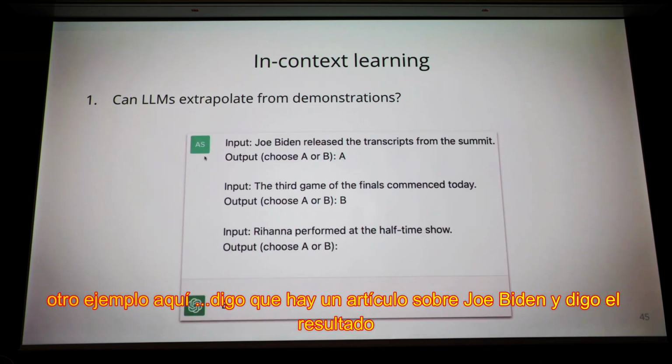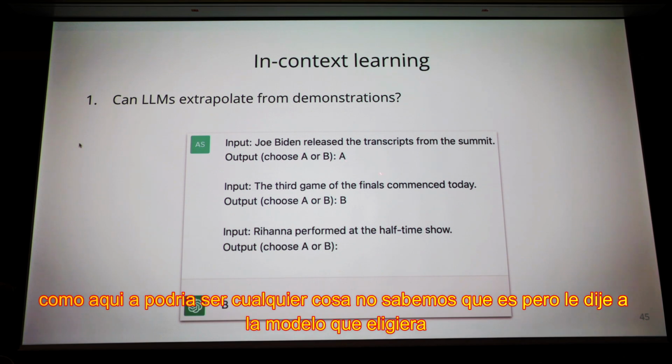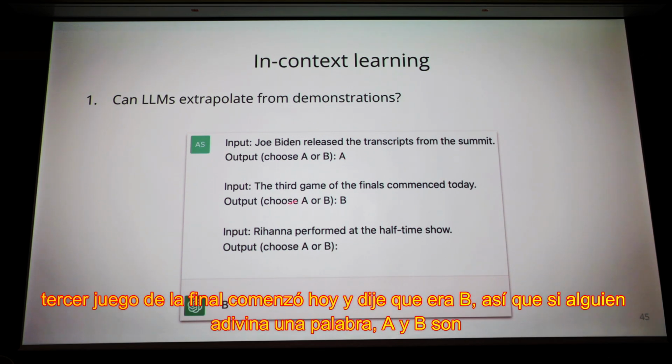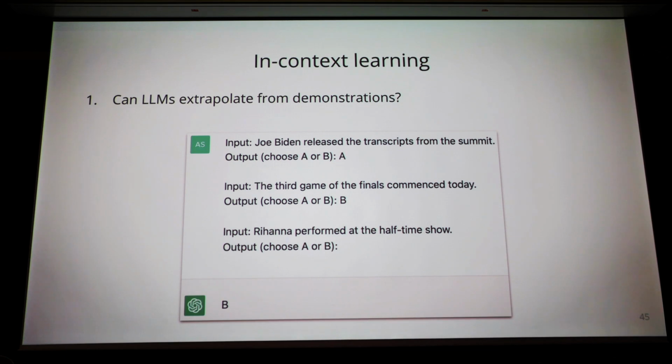As another example, here I say there's an article about Joe Biden, and I say the output is A. Here, A could be anything. We don't know what it is, but I told the model to choose between A and B. I told it that A is the answer for this. And for the second input, I say the third game of the finals commenced today, and I said it was B. So any guesses of what A and B are?